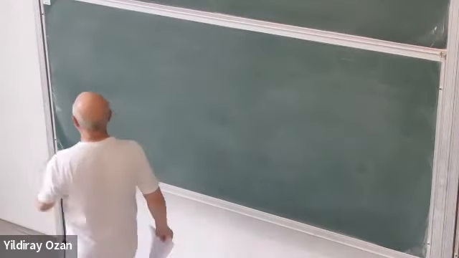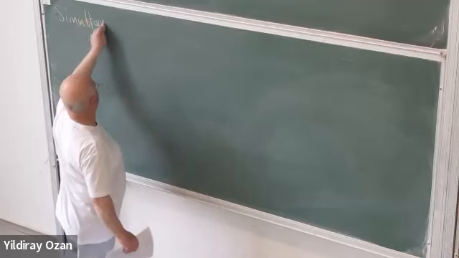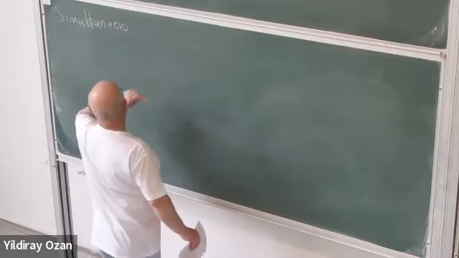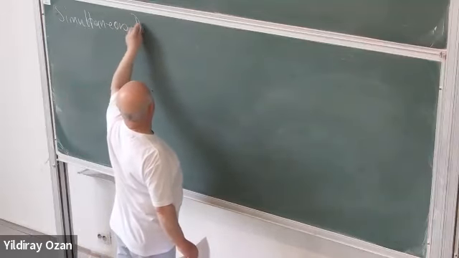So the last topic we will cover on canonical forms, so-called simultaneous diagonalization.